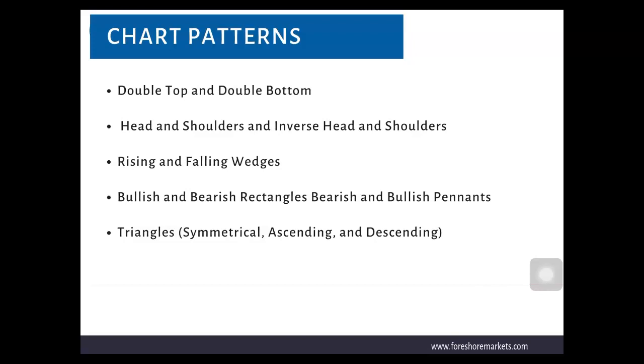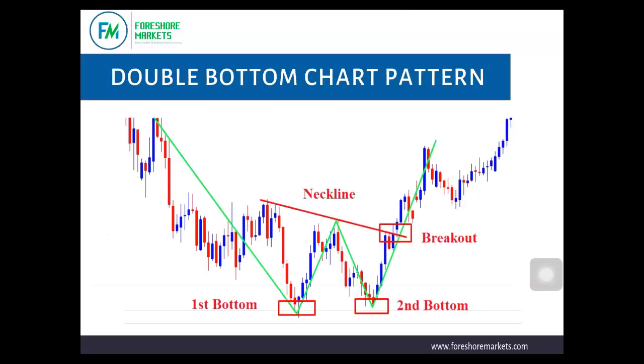All right. So double bottoms. This is what your typical double bottom looks like. A double bottom simply means that you have support, and then price goes up and then comes back down and tests the previous support. So price comes back to the previous support zone, which is here.